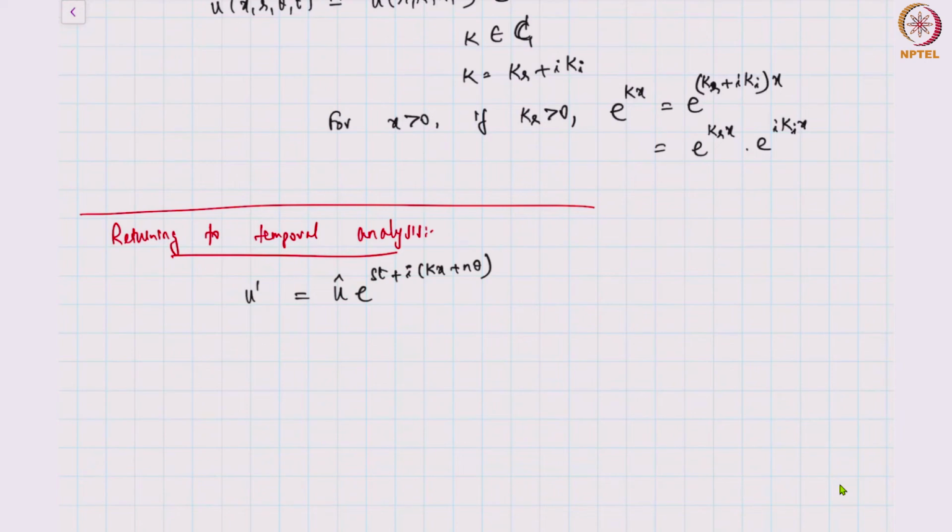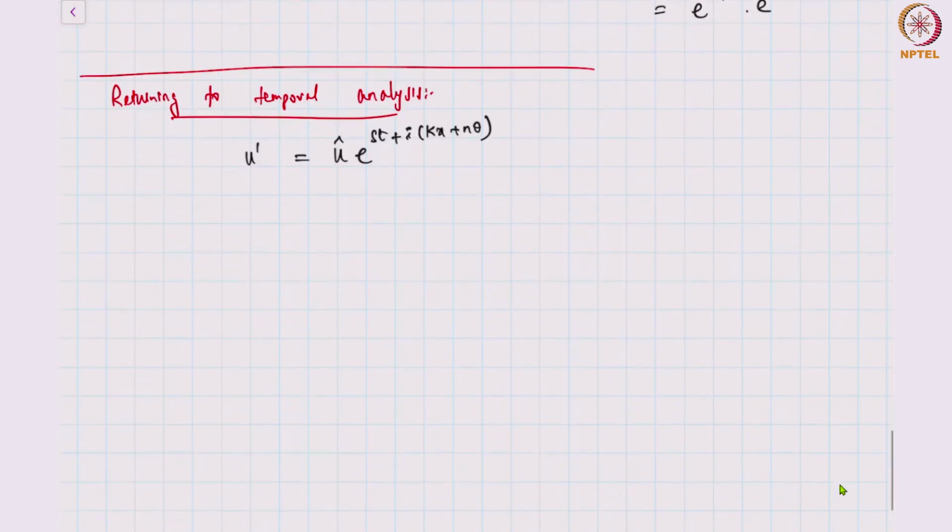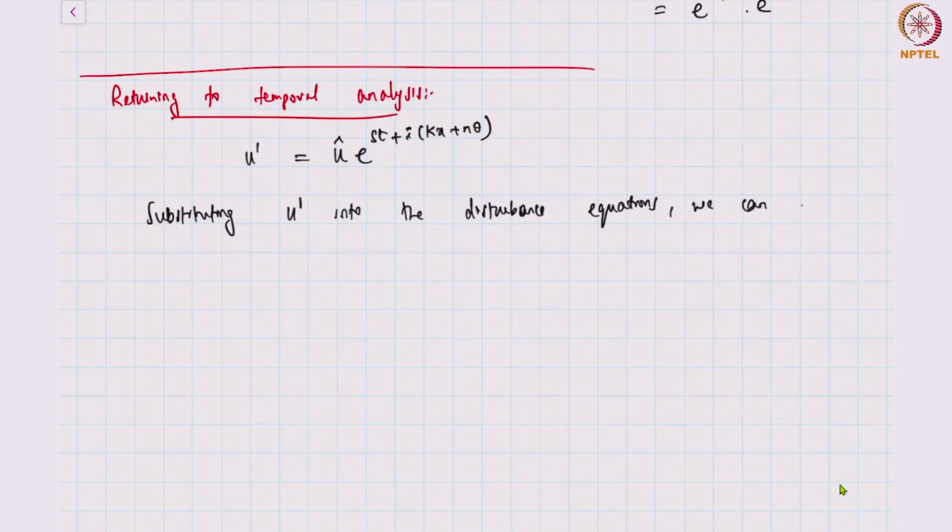Now, what we have is a problem like this. If we substitute this form of u prime into the disturbance equations, and use the boundary conditions, we can obtain an eigenvalue problem.